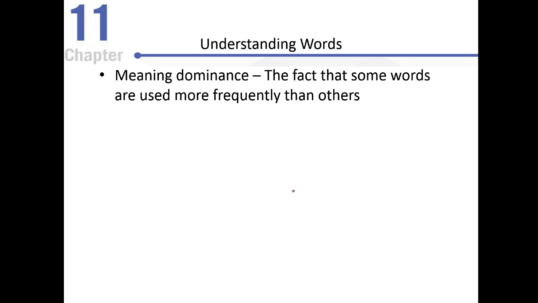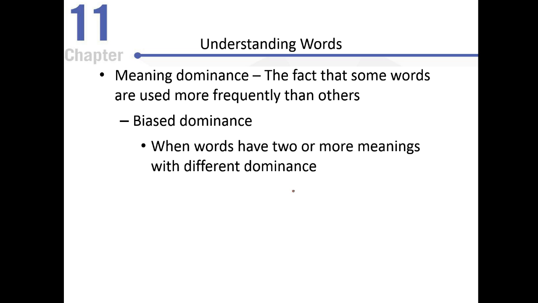Some other terms: meaning dominance. The fact that the meaning of some words are used more frequently than others. There are two kinds of meaning dominance. One is called bias dominance, and this is when words have two or more meanings with different dominance.